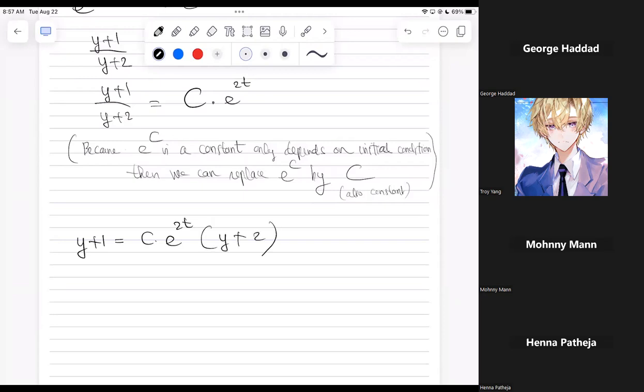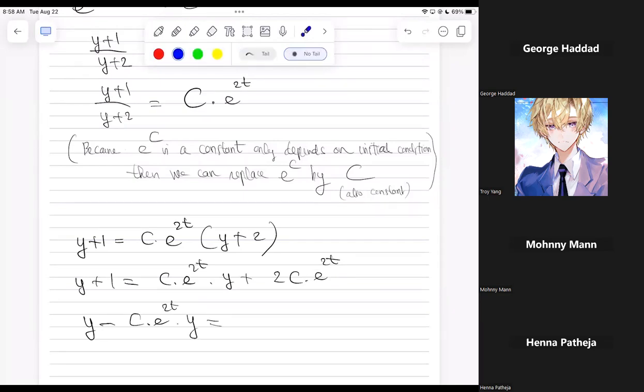You try to isolate y. So we move y to one side. You have y minus c times e to the t times y, and you move the 1 to the other side. You have 2c e to the t minus 1.